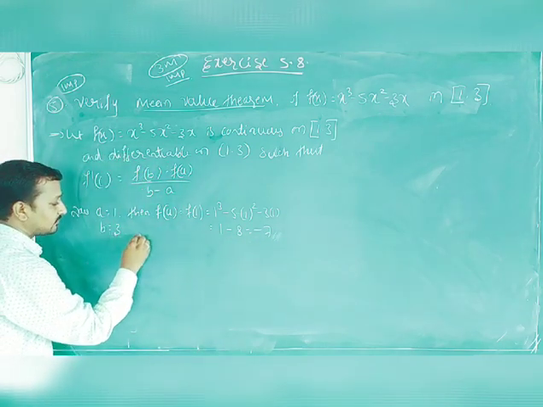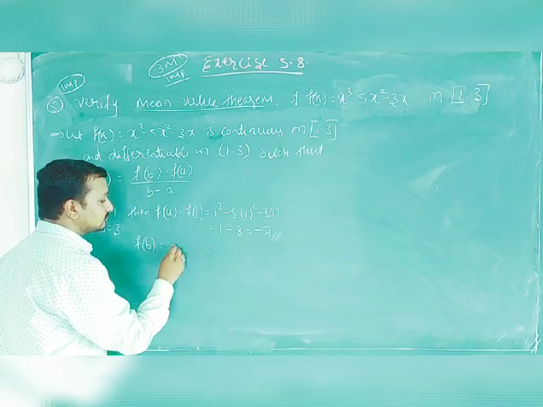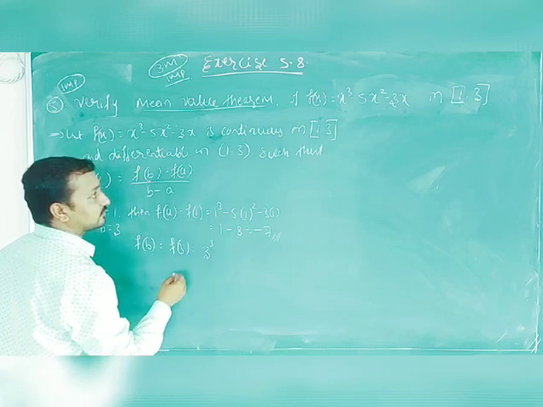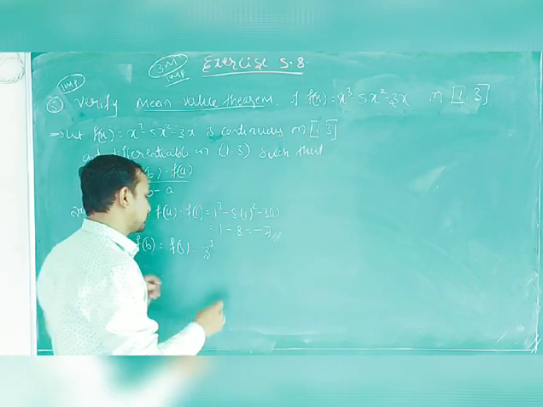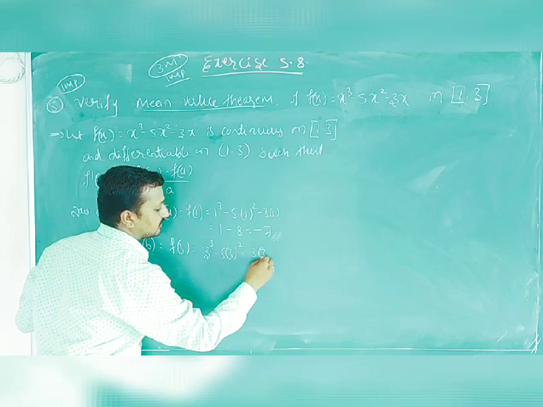And f of b is f of 3. Instead of x we put the value of 3. So 3 cube minus 5 into 3 square minus 3 into 3.